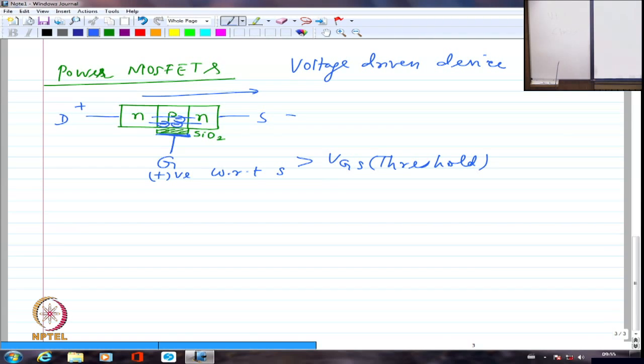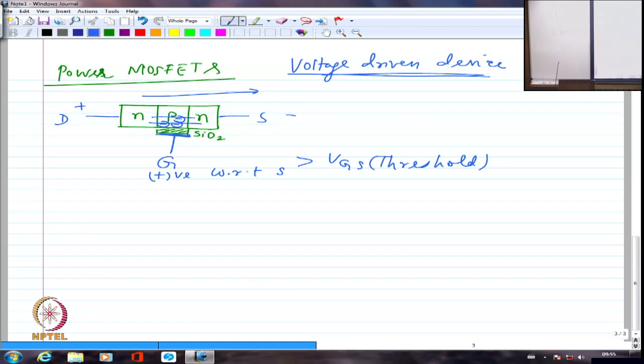So the gate driving whatever is required, the power capacity will be really small because the voltage is small and the current is also not very large because it is only trying to induce some charge on the other side. So this particular voltage driven property of the device is a major advantage over BJT.